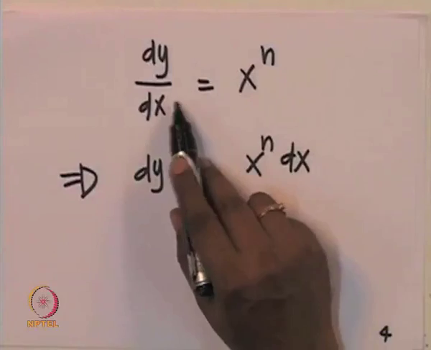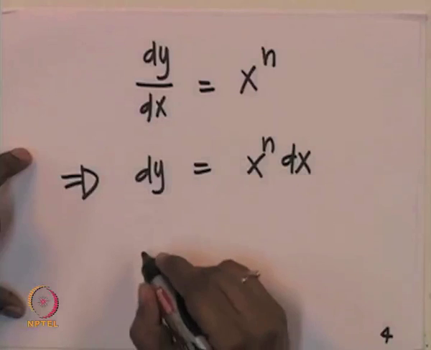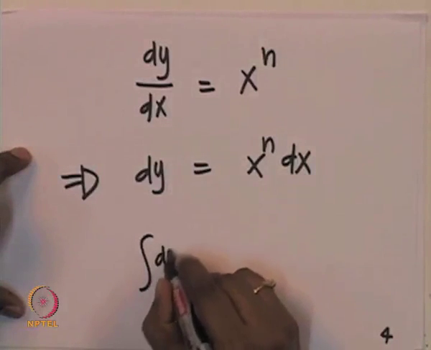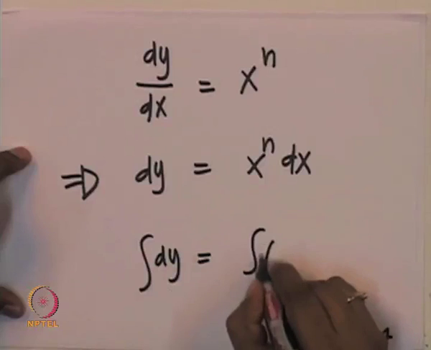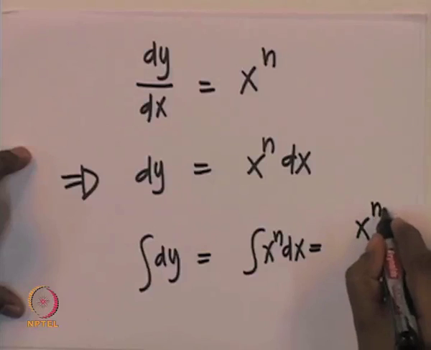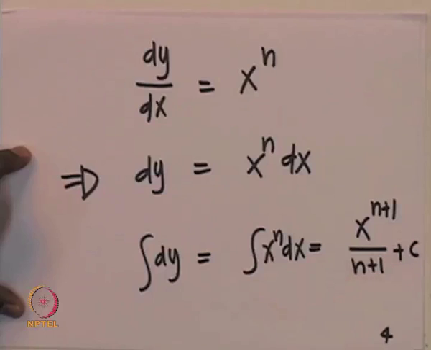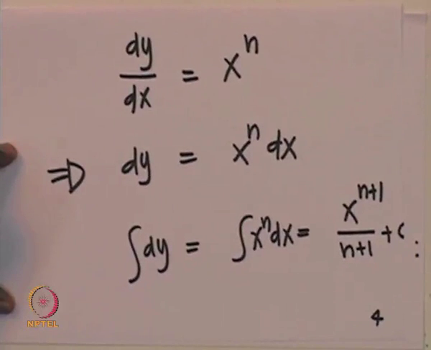Let us have a look: dy by dx is x power n, dy is x power n dx. So, integral dy is integral x power n dx, and the answer we wrote is x power n plus 1 by n plus 1 plus a constant c.